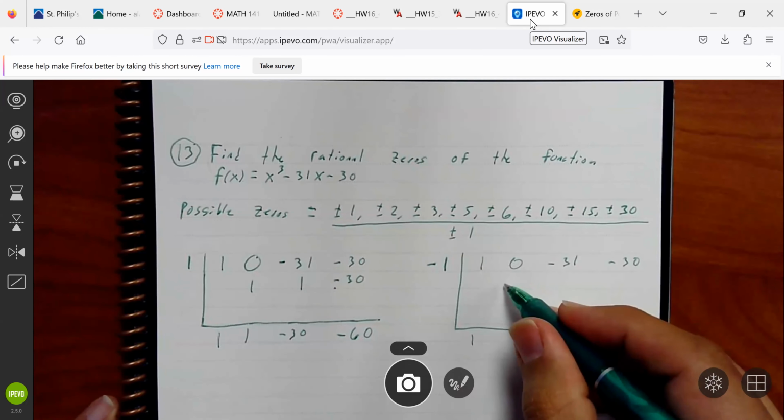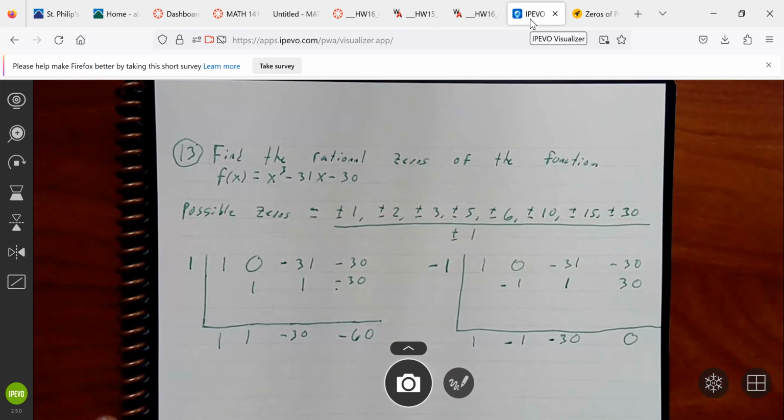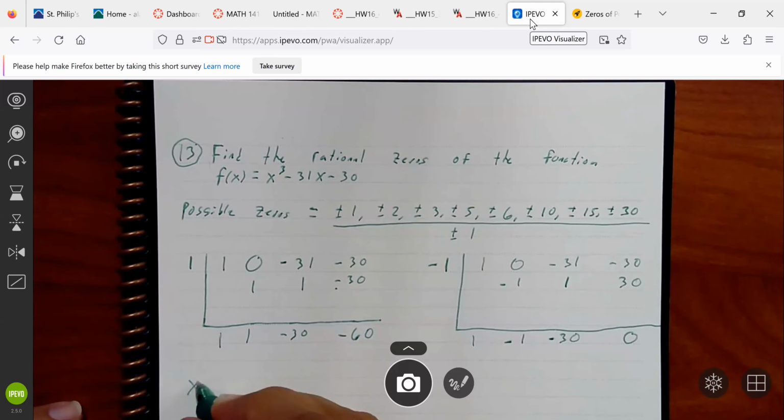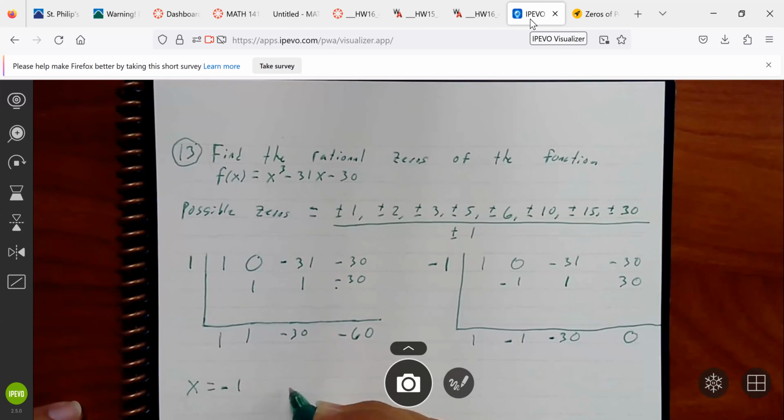Negative times negative is a positive. Negative 31 plus 1 is negative 30. Negative times negative is positive. There we go. Cool. We found one. So that means that x equal to negative 1 is a 0.